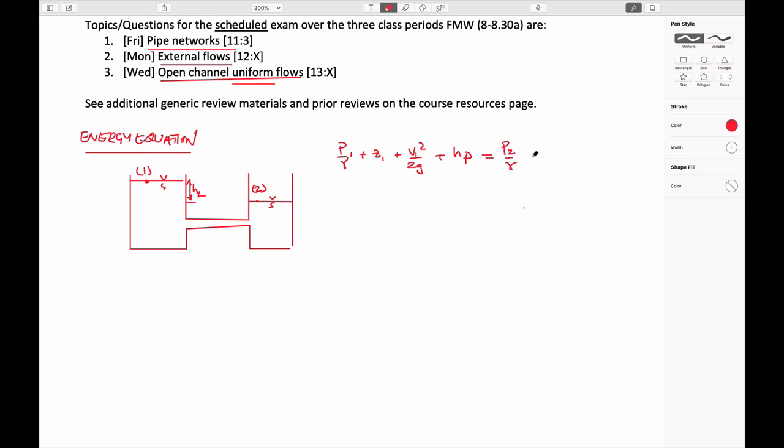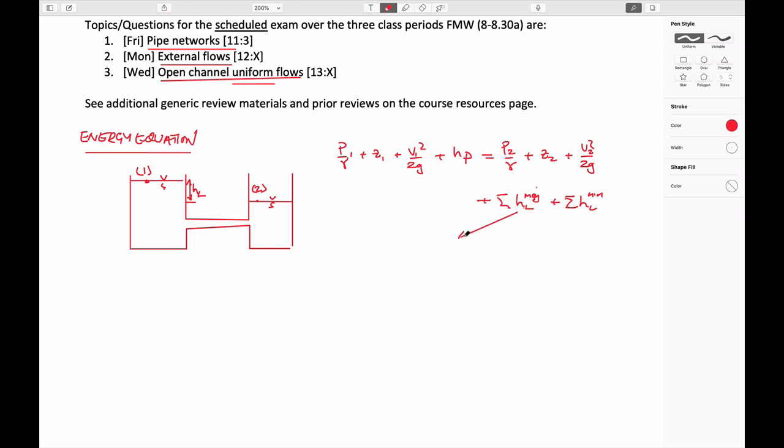We have to write it correctly between upstream and downstream because of the irreversible losses in the system. And we have both the sum of major losses and the sum of minor losses.